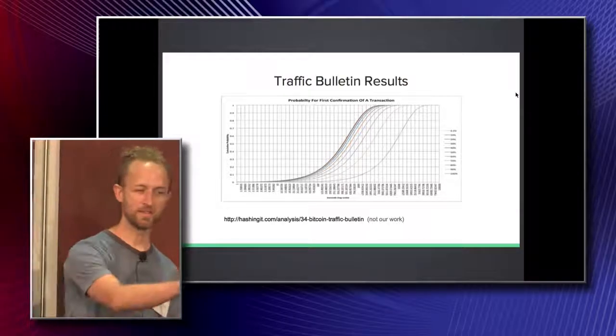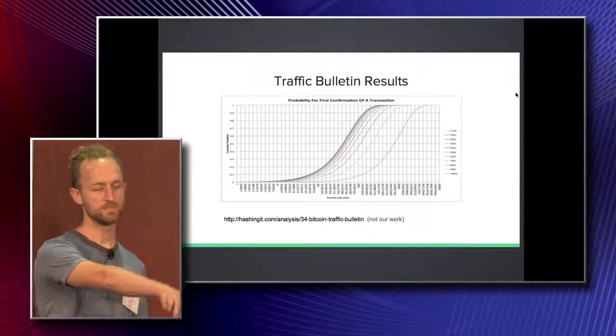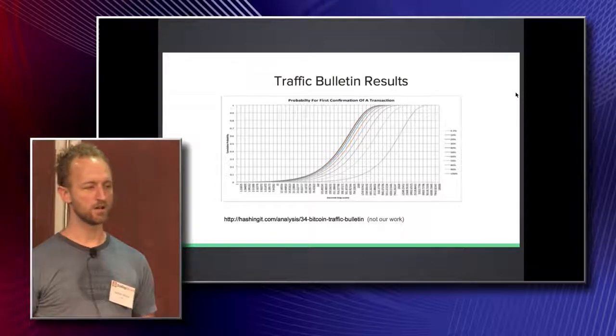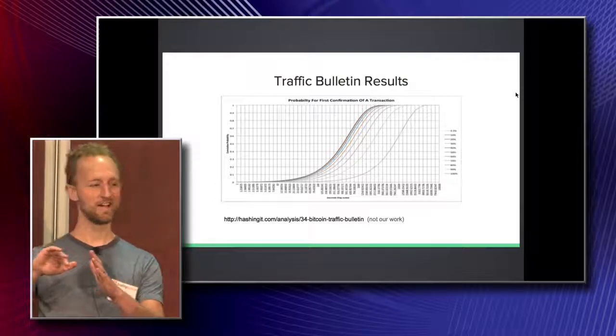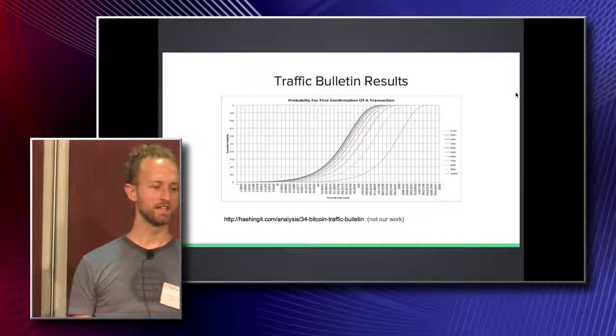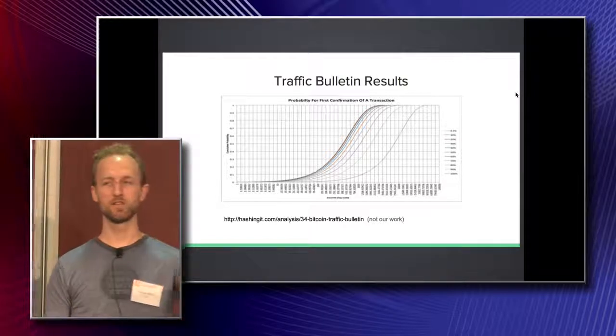So on the right, 100% transaction rate means in this model 3.5 transactions per second, which is just proportional to the block size and how large transactions are. And another thing to point out is the time scale on the x-axis is logarithmic. So even though the S-curves all look to have the same shape, the tails are a lot worse as the load gets high.